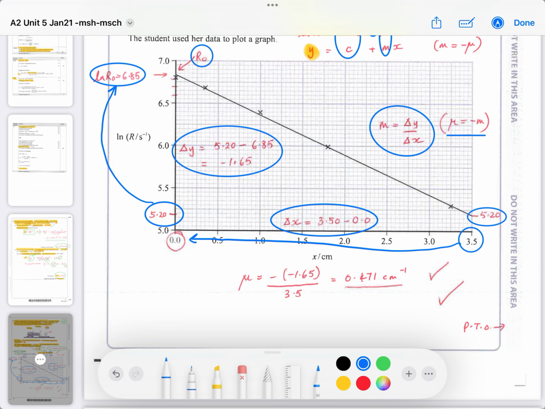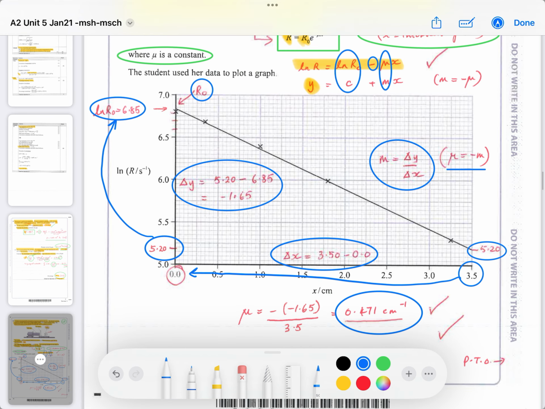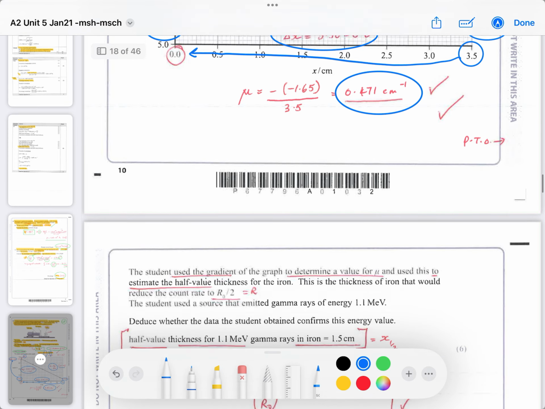So you can see why mu comes to 0.471 per centimeter. If you look at the question now, you get 2 marks for doing this calculation, it looks like, and 1 mark for taking natural logs to show that it's in the y equals mx plus c format.